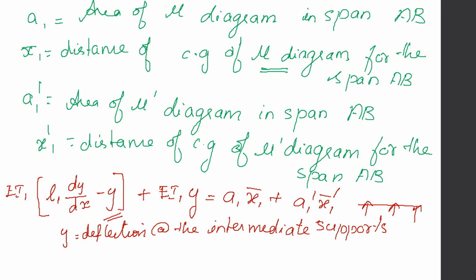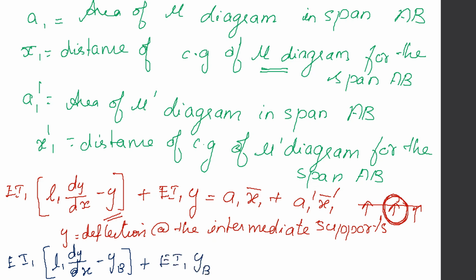So this y is always considered at the intermediate support or the central support. Now we will replace this y by yb. So we get EI1 into L1 into dy by dx minus yb plus EI1 into yb is equal to A1 x1 bar plus A1 dash x1 bar dash.